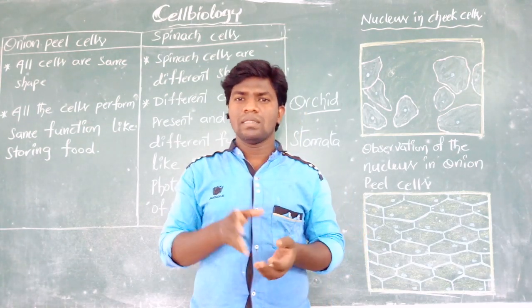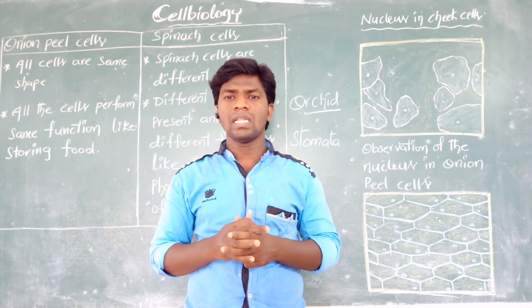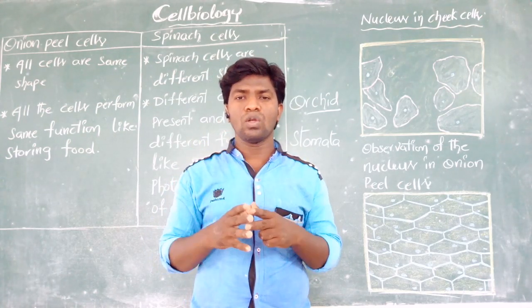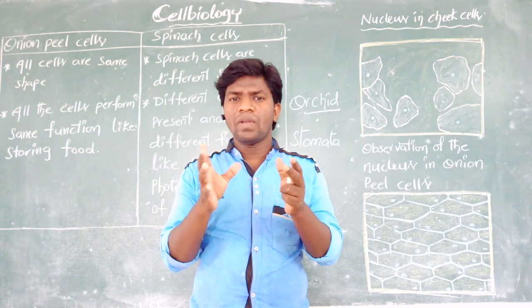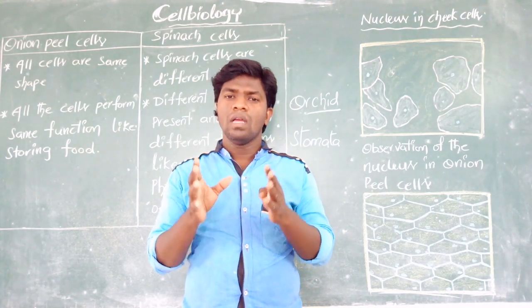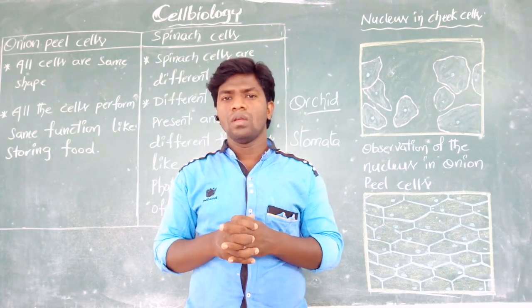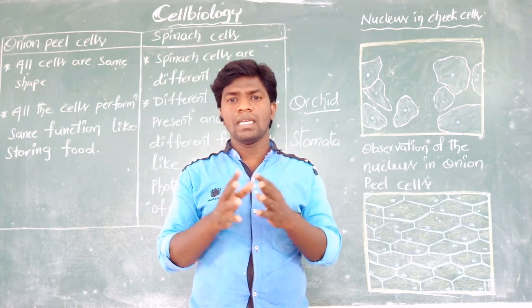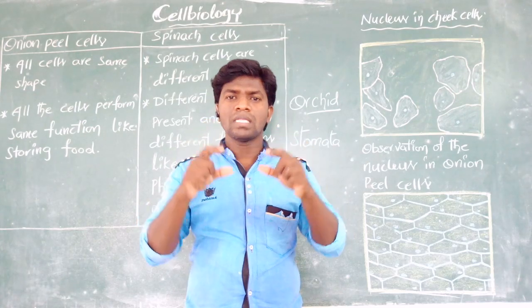When these onion peel cells are observed under the microscope, some different structures and cells appear.